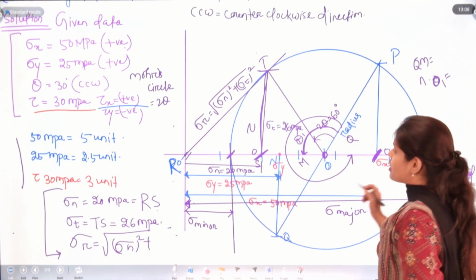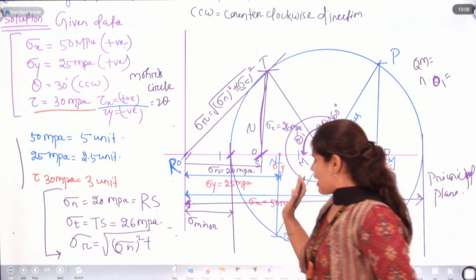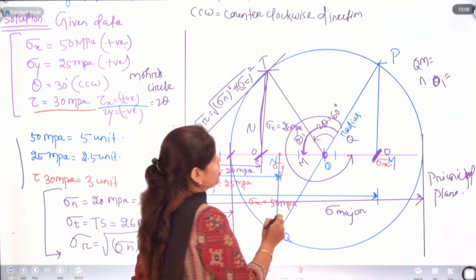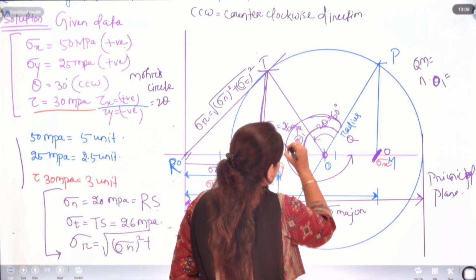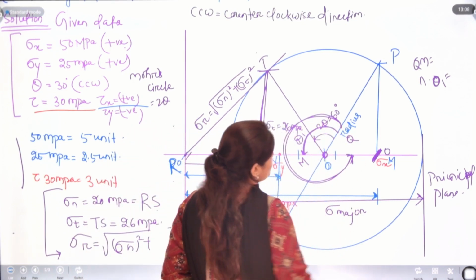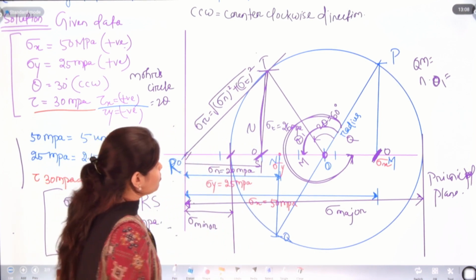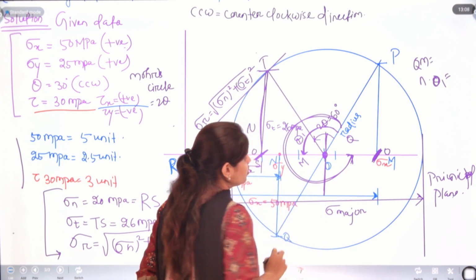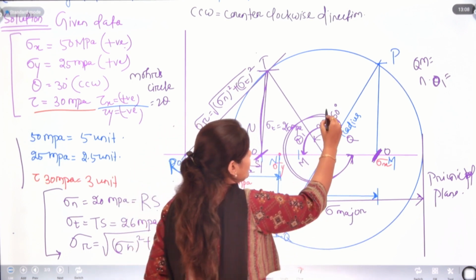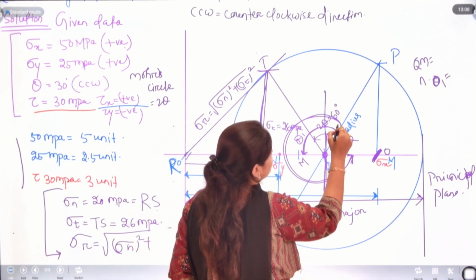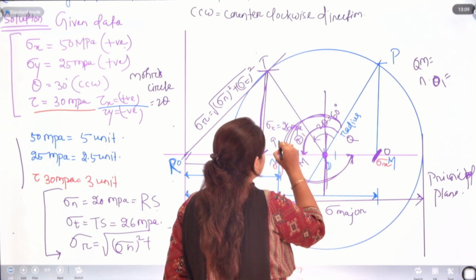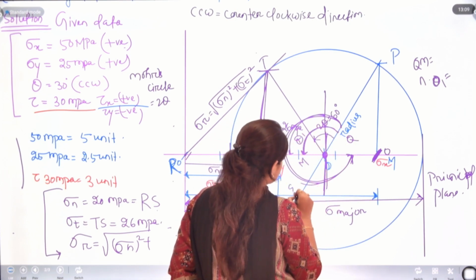So always there will be a question asked about finding sigma major and minor. But in case the question asks to find out the direction, you just need to draw the quadrant axis and it will be easy for you. So these to these will be 90 and you can add this as 90.